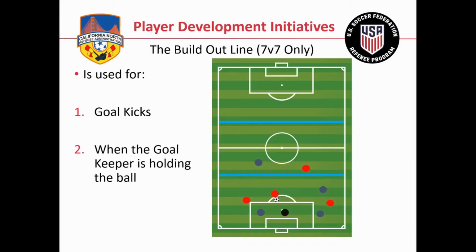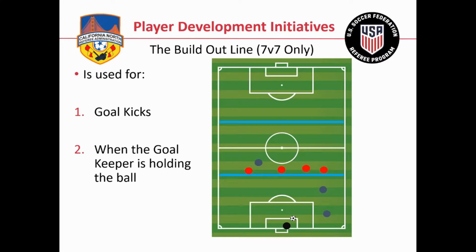The second time we use it is when goalkeepers are holding the ball. So let's say in this scenario, the attacker takes a shot on goal and it gets caught by the goalkeeper. Once the goalkeeper has possession of the ball with their hands, all of the opponents must retreat behind the build-out line. After that happens, the goalkeeper is encouraged to wait until everyone is behind the build-out line.